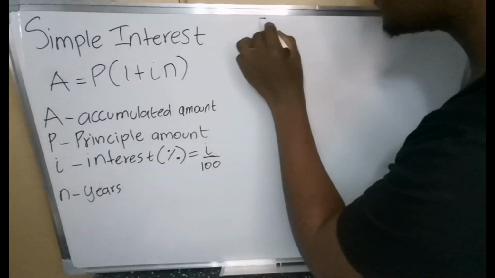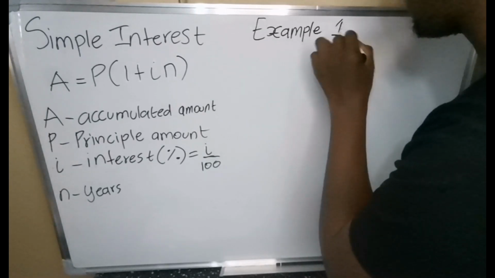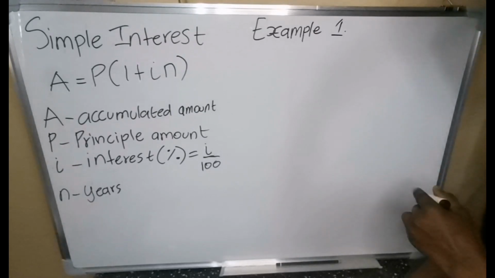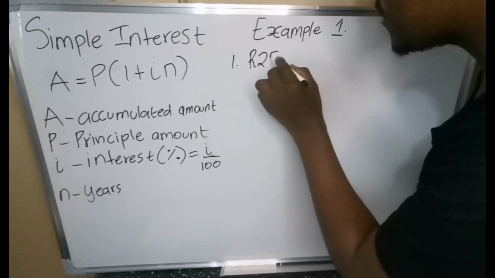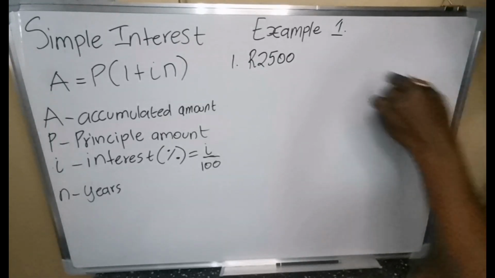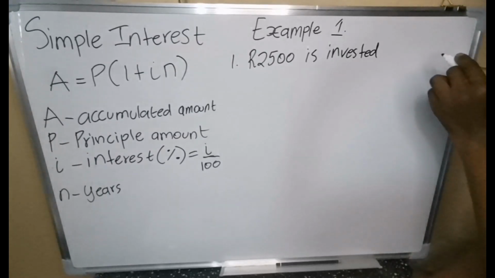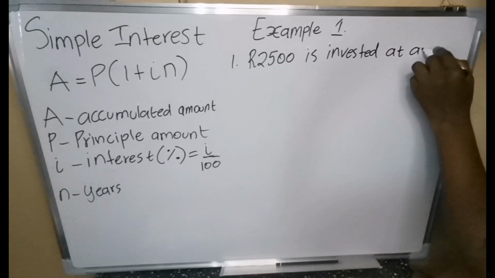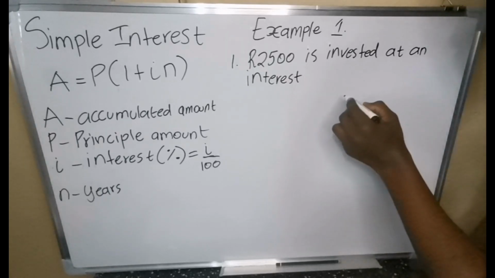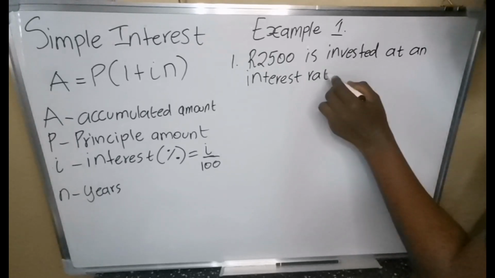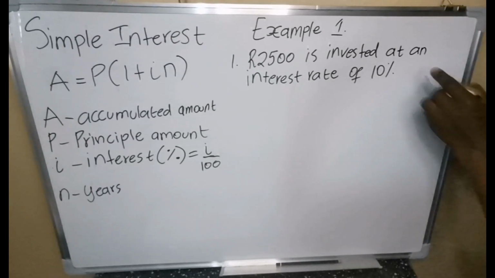Example number 1 says that 2,500 is invested at an interest rate of 10% per annum.